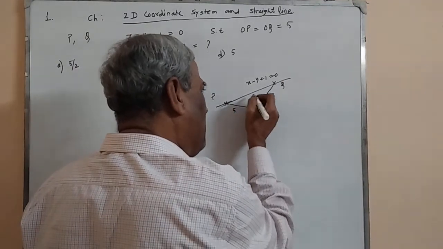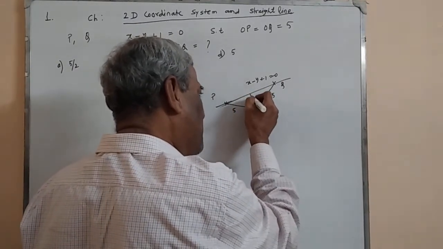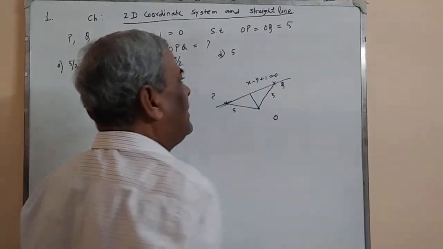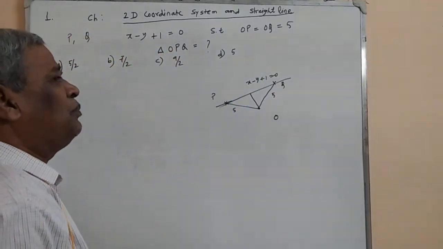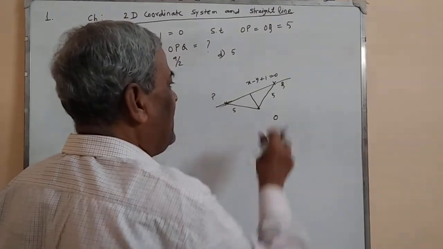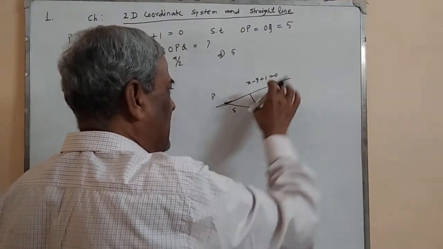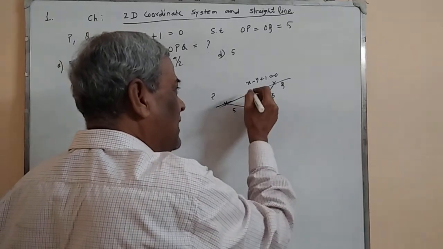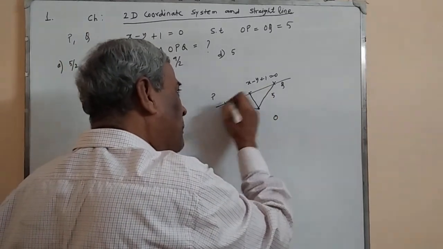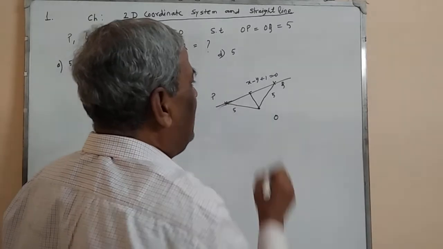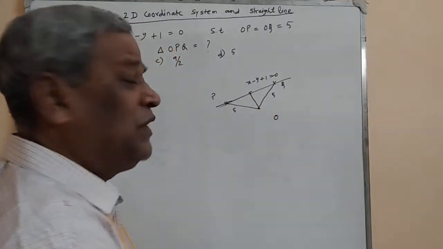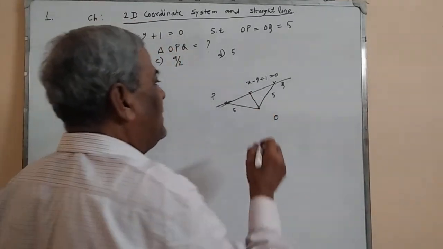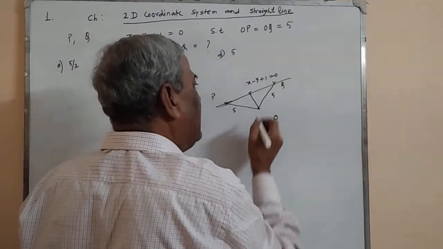So we have to find the area of OPQ, only known this is 5, this is 5. From O, a perpendicular is drawn on the straight line x minus y plus 1 equals 0. Because these are equal, the midpoint of P and Q must be the foot of the perpendicular.